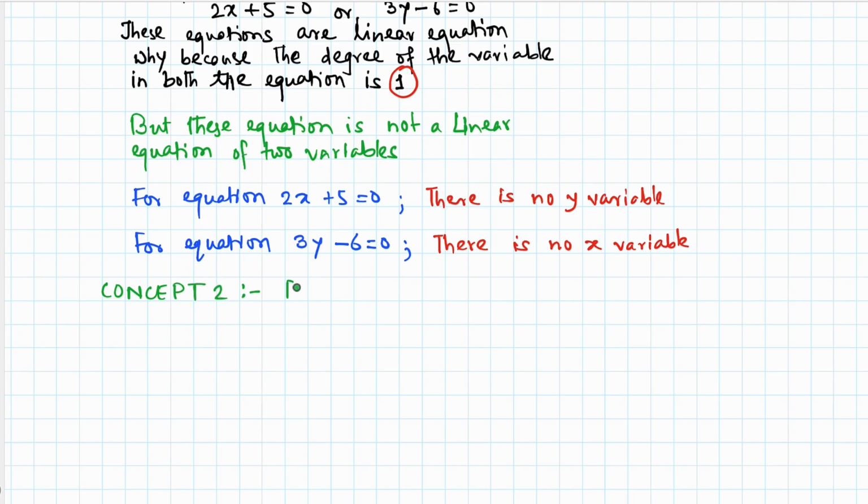Now concept number 2 is the pair of linear equations.